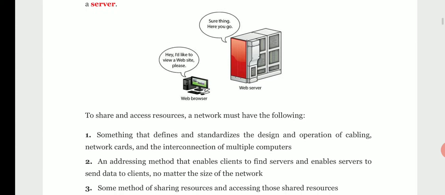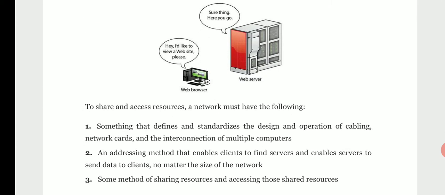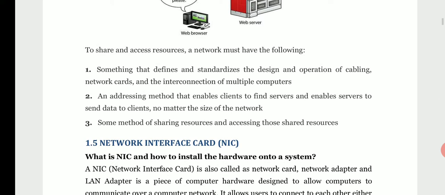Okay, so to share and access resources, a network must have the following. The first one is something that defines and standardizes the design and operation of cabling, network cards, and the interconnection of multiple computers, that is protocols.